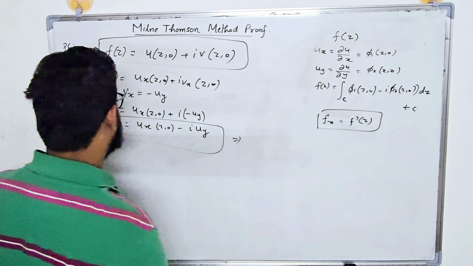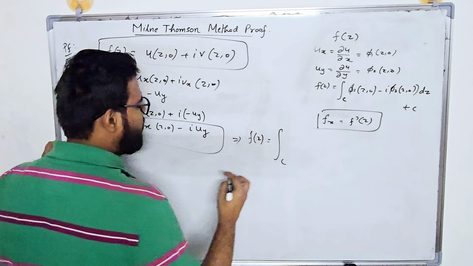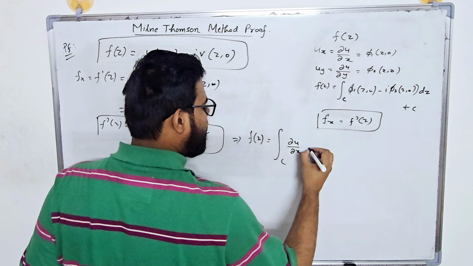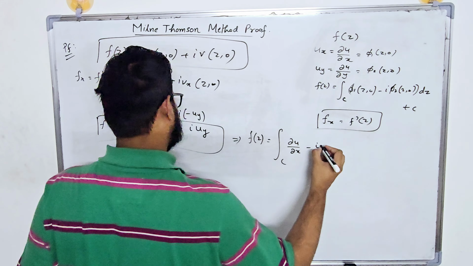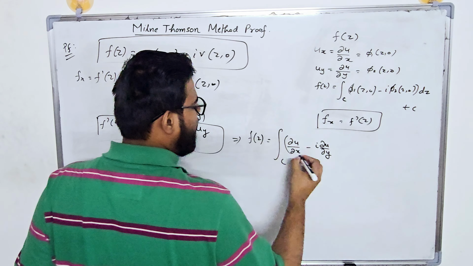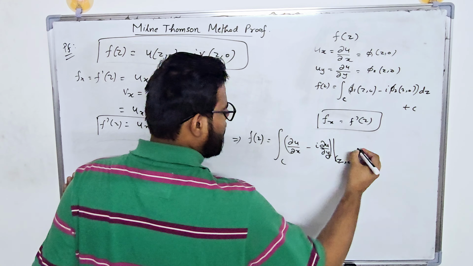So from this you can say that f of z is equal to the integral in the complex plane of ux minus i uy, which can be written as del u by del x minus i times del u by del y evaluated at z comma 0, dz.